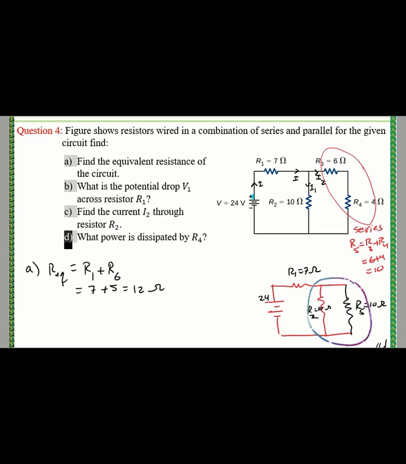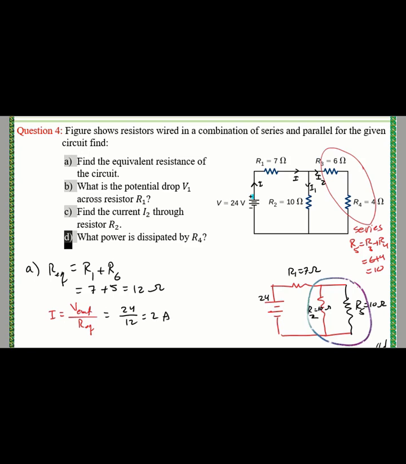Now let us find our currents before proceeding with B, C and D. The total current I equals the electromotive force of the battery over R equivalent. It is 24 divided by 12, which is 2 amperes.